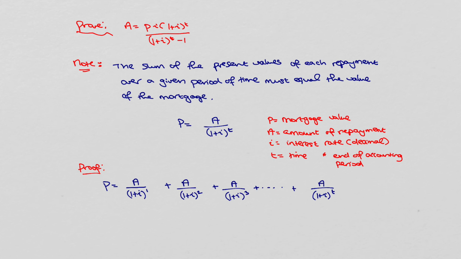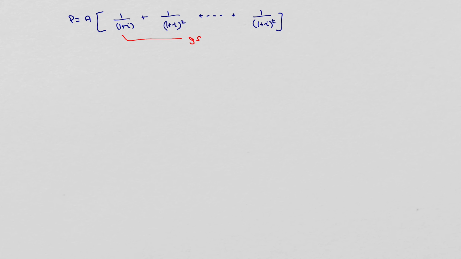So now all we need to do is see this as our geometric series. So I'm going to take out A as being common, as we always do, just to make it a little bit easier. And that gives me 1 over (1 plus i) plus 1 over (1 plus i) squared, all the way down till we get 1 over (1 plus i) to the power of t. So now I see this is my geometric series.